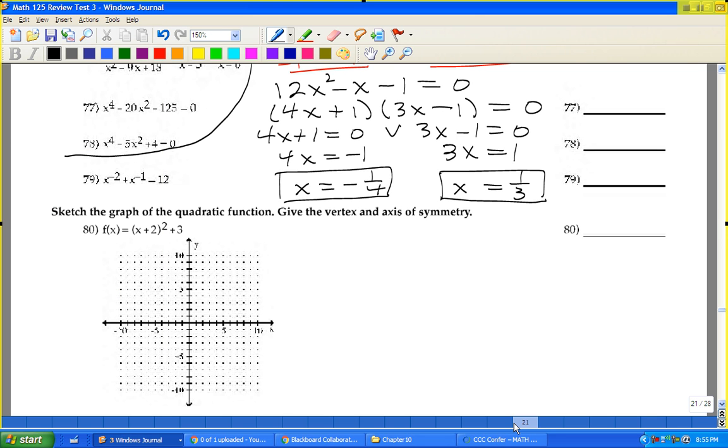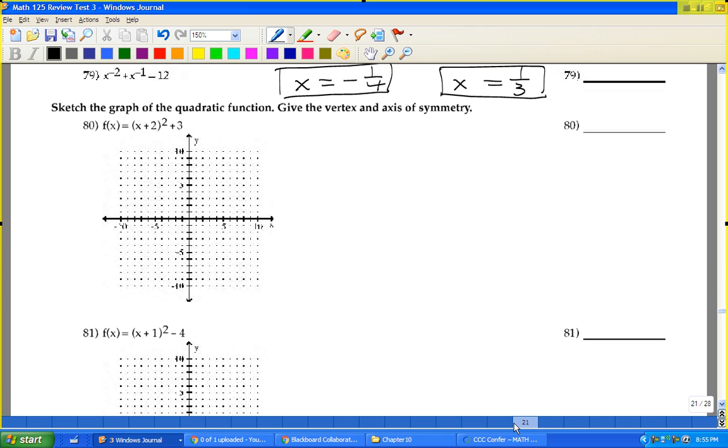let me do problem number 80. So I want to give the sketch of the graph, give the vertex and axis of symmetry. So let's do the axis of symmetry. Well, the axis of symmetry is just found by setting what's inside the square equal to 0. So x is equal to negative 2. Let's find the vertex.